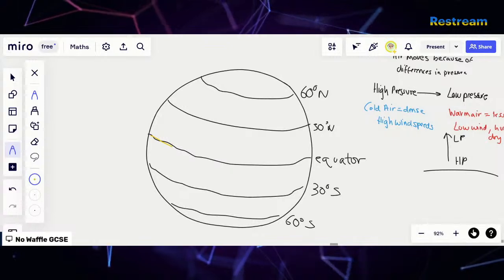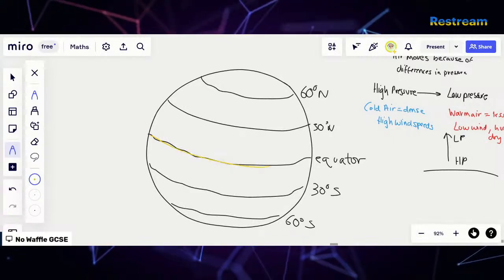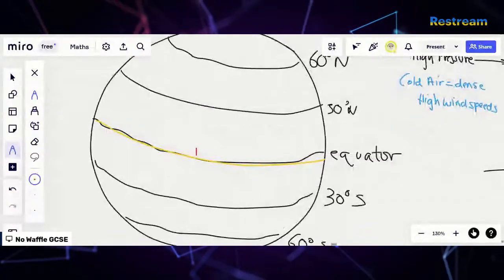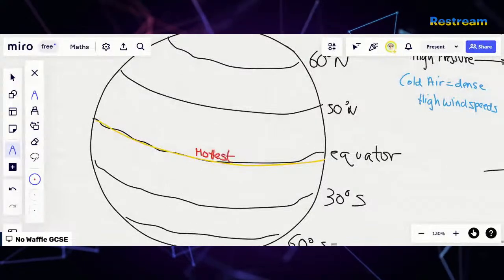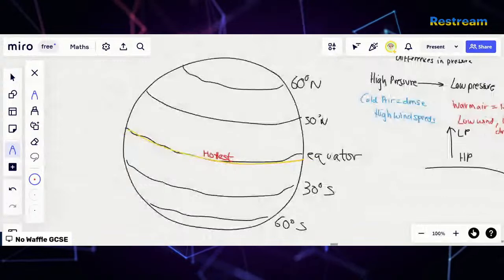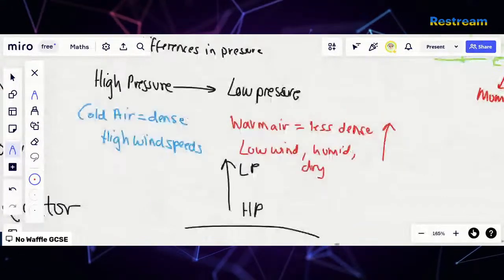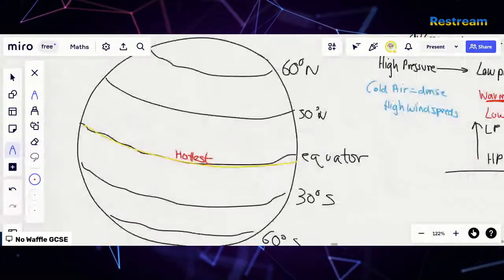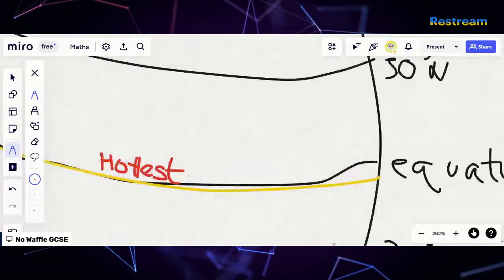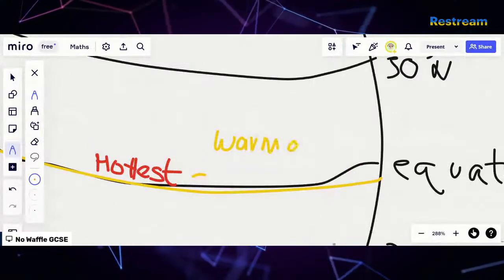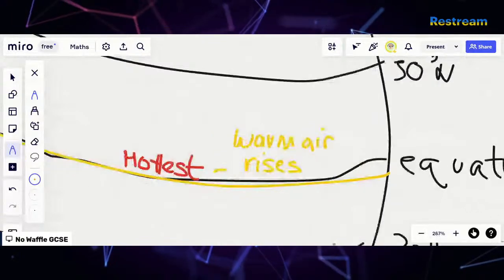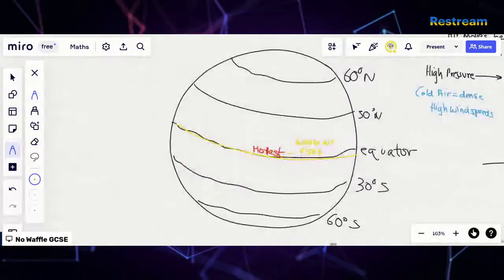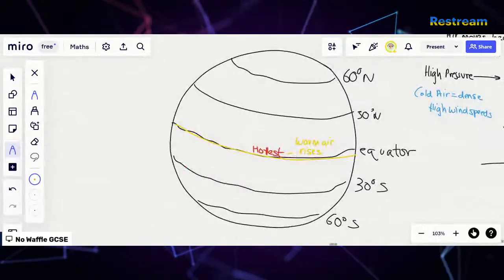Now we know that the sun warms the earth, as we discussed. Because it is the hottest part, and we know that warm air rises, at the hottest part the warm air rises. As the air rises, it cools.